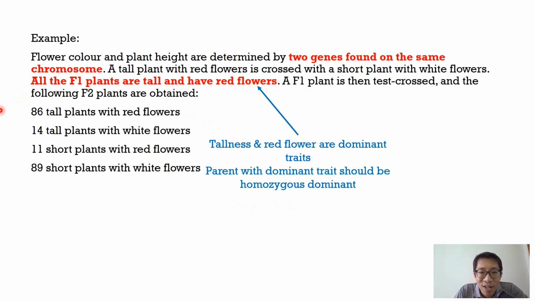Okay. So this also tells you that the F1 is a double heterozygous, right? Because the other parent would be a double homozygous recessive, right? Also double homozygous dominant crossed with double homozygous recessive, you should have double heterozygous, which are all tall and have red flowers. Okay, so when this F1 is test crossed, the following F2 plants are obtained.